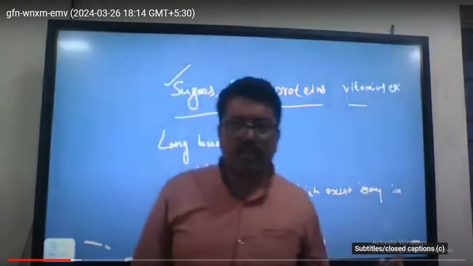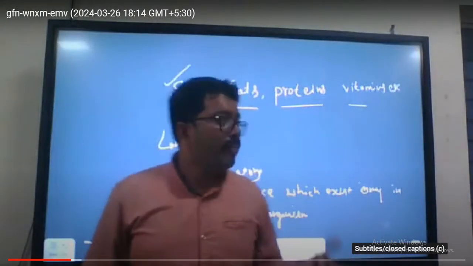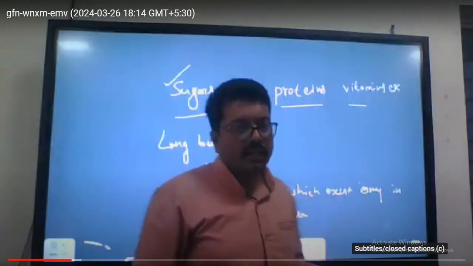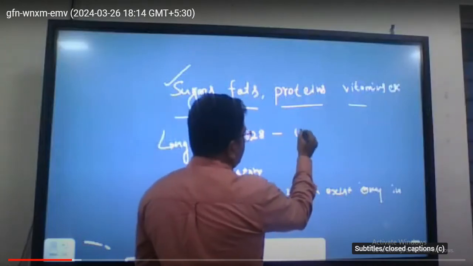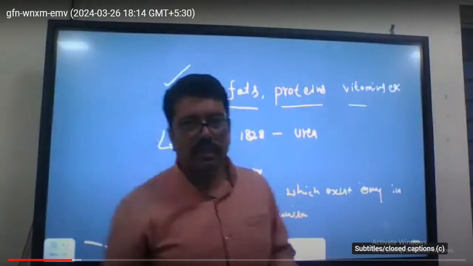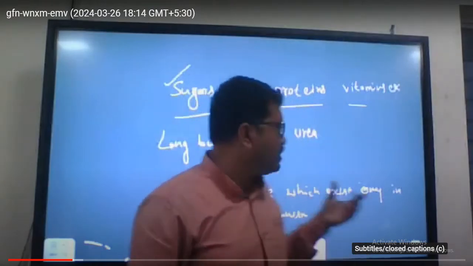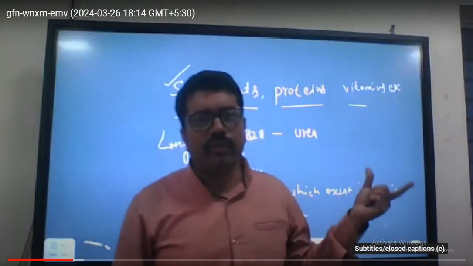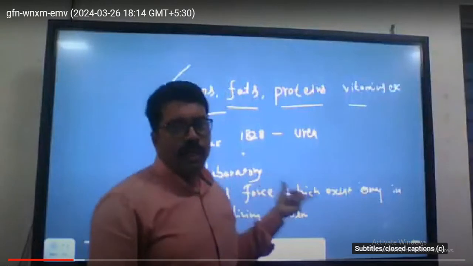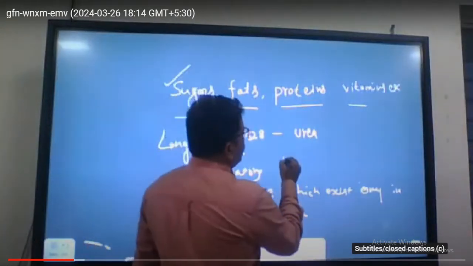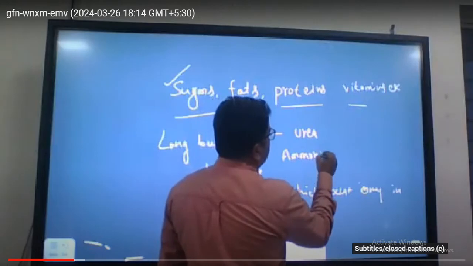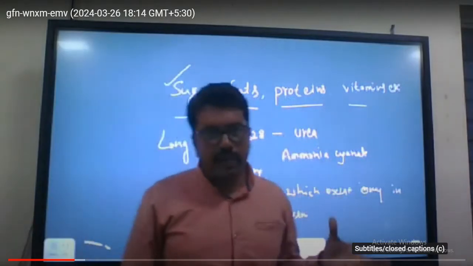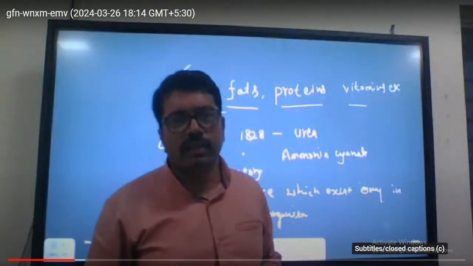Previously they thought the vital force exists only in living organisms, but in 1828, Friedrich Wöhler first synthesized urea in the laboratory by heating ammonium cyanate. This is the first compound synthesized in the laboratory.